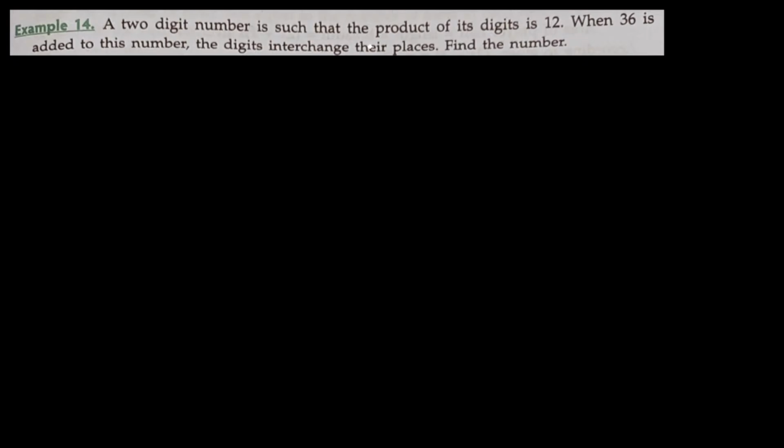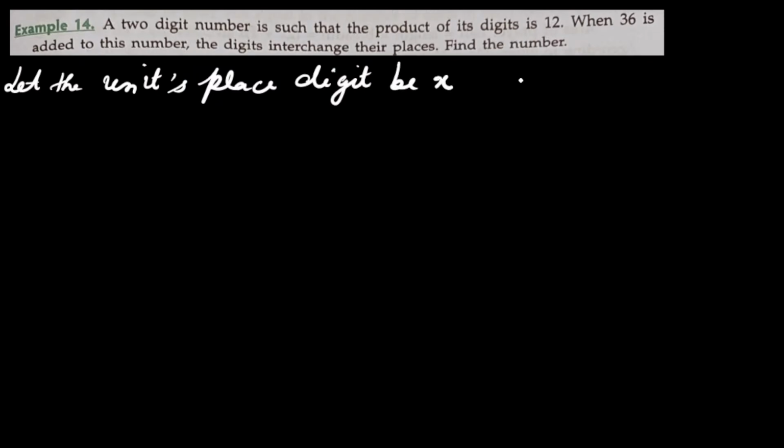A two-digit number is such that the product of its digits is 12. Now, in the same way we have to assume. Let the unit place digit be x and the tens place digit be y.